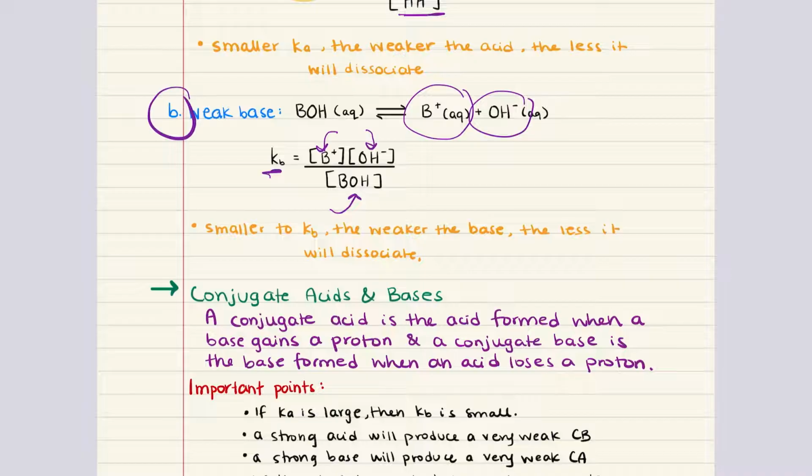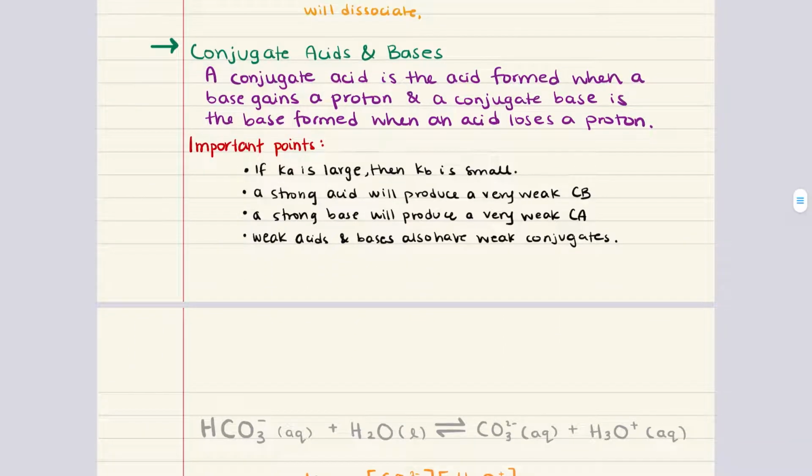Now that we have a solid understanding of weak acids and bases, including their partial dissociation and their equilibrium constants Ka and Kb, we can naturally transition into the concept of conjugate acid-base pairs. This concept is closely linked to the behavior of weak acids and bases in aqueous solution.